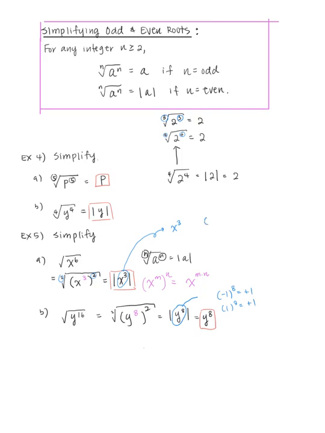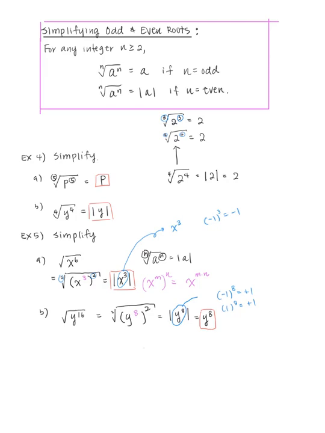Because look, if x is negative 1, then negative 1 to the 3rd is going to give us negative 1. But we're talking about the square root to begin with. So just to guarantee that our radicand is going to be positive, we're going to have to put an absolute value bar around x to the 3rd. So basically, it's going to go like this.